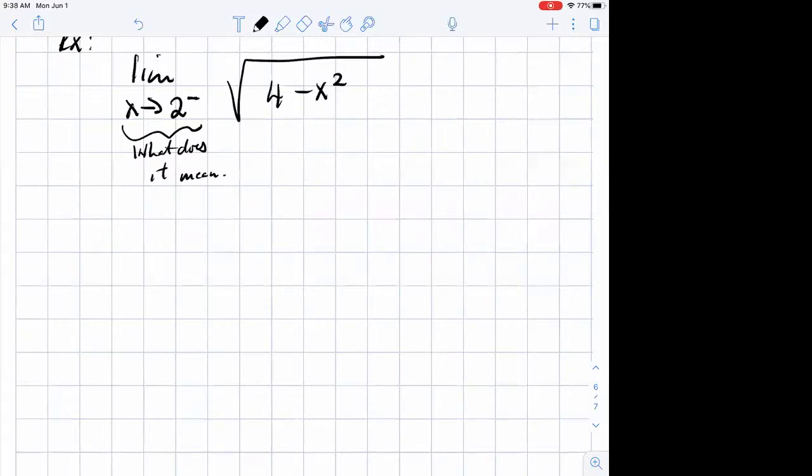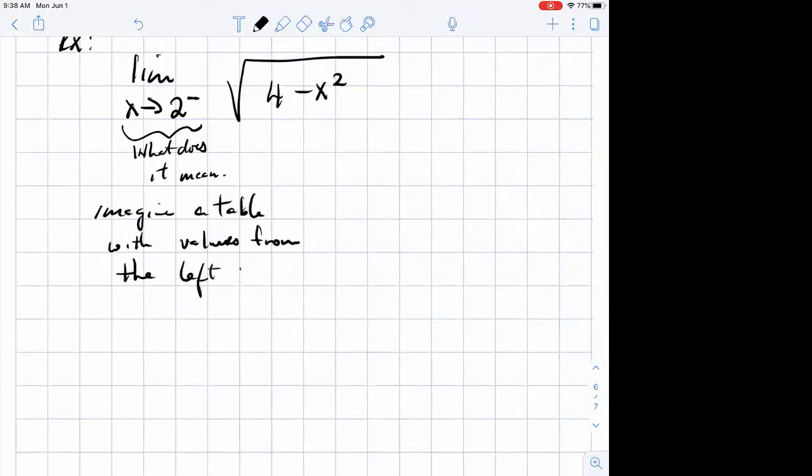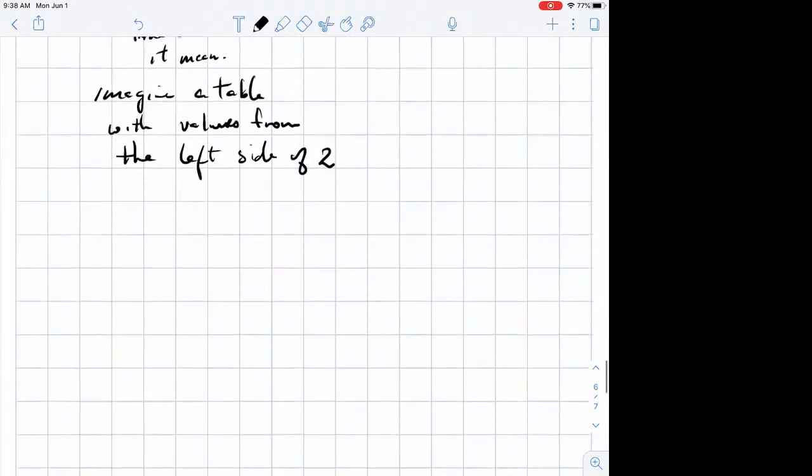So all this will mean, imagine a table with values from the left side of 2. Here you have 2.